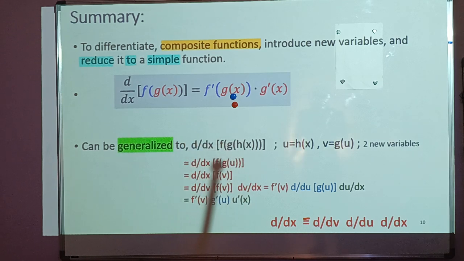So this can be just d by dx of f of g of u, because u is h of x, and then g of u can be called as another variable v.